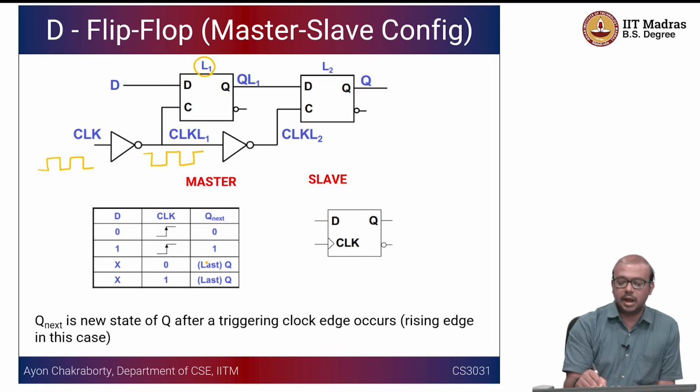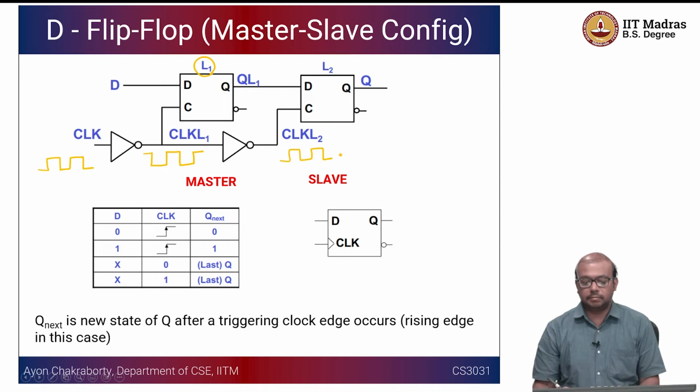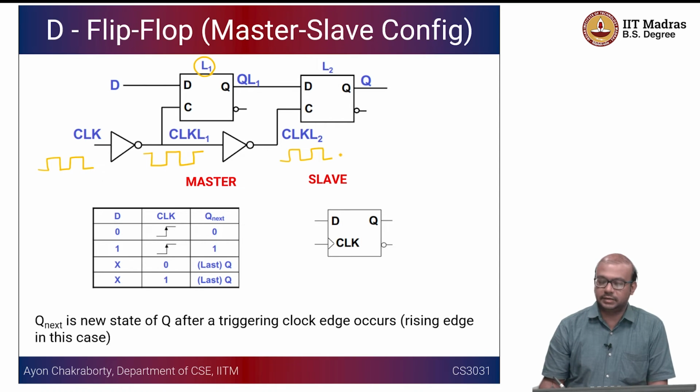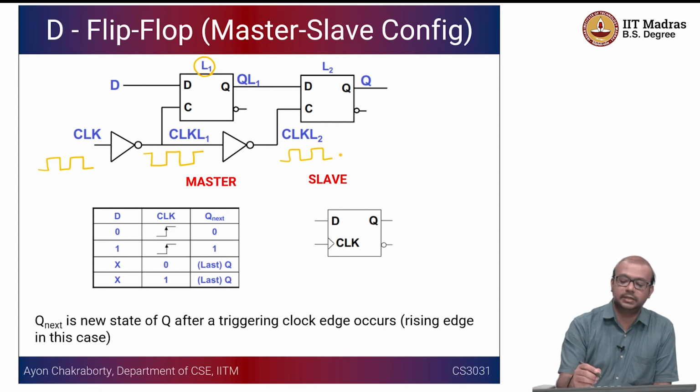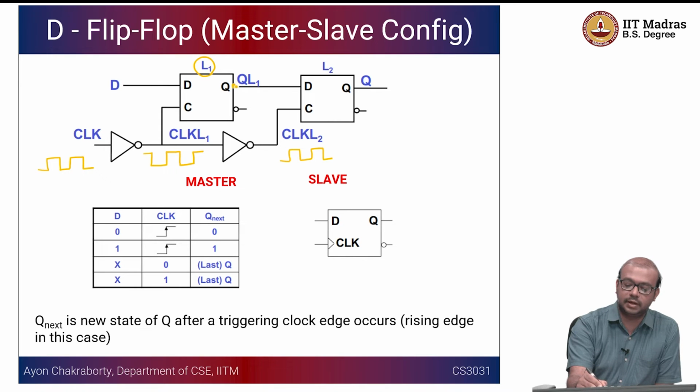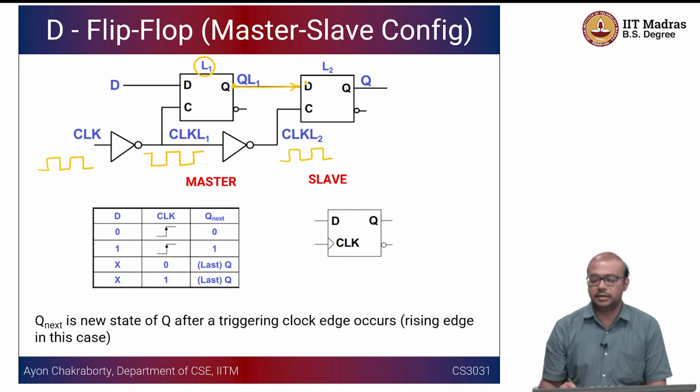Okay, and this is going to be the input to latch 1, and this is going to be the same as the input. Okay, so this kind of a configuration, and one more thing, that there is a forwarding of the output of the first D latch into the input of the second D latch.